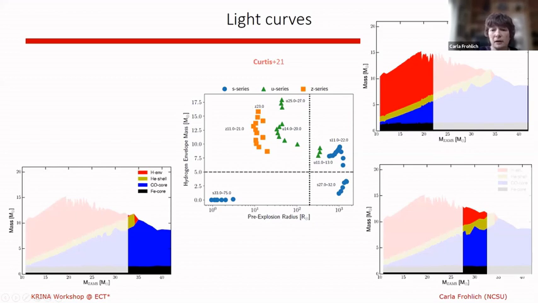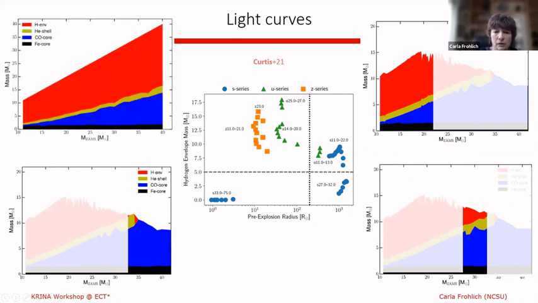And then all your small pre-explosion radius models, but large hydrogen envelopes, are your low and zero metallicity models that retained their massive hydrogen envelopes, but overall are always more compact than the corresponding solar metallicity stars that have extended fluffed up envelopes at collapse.